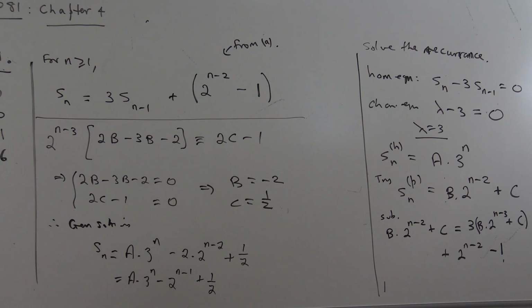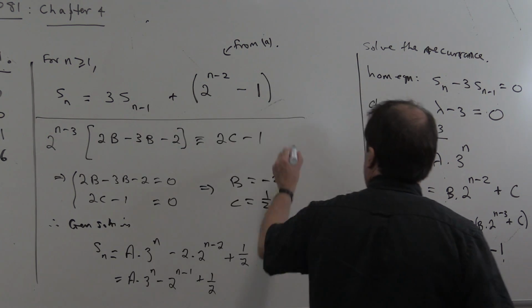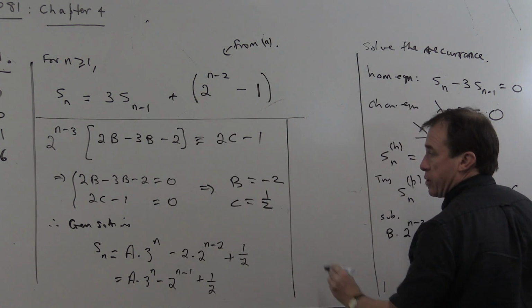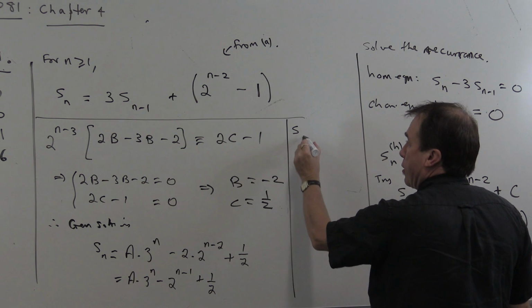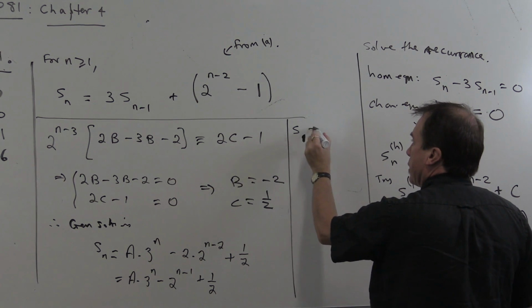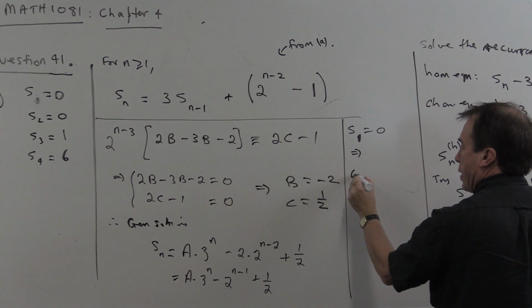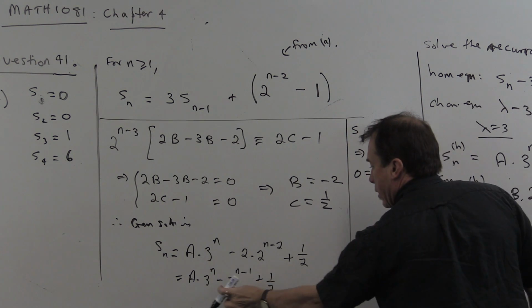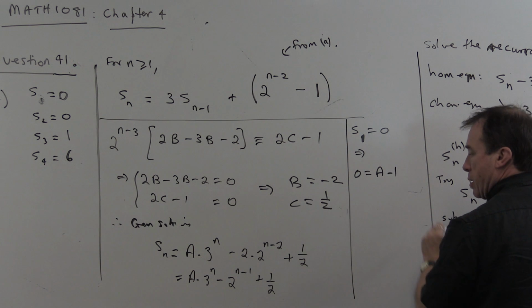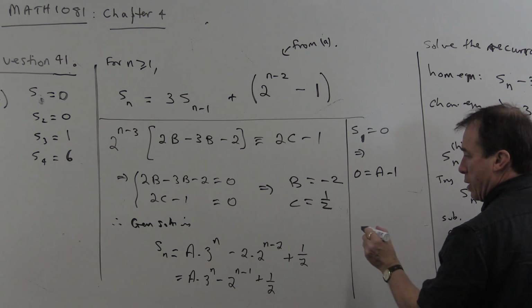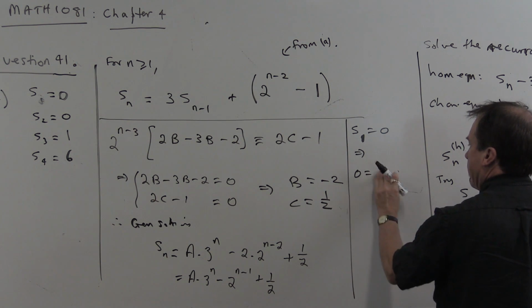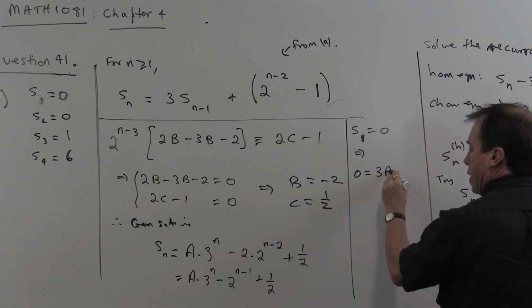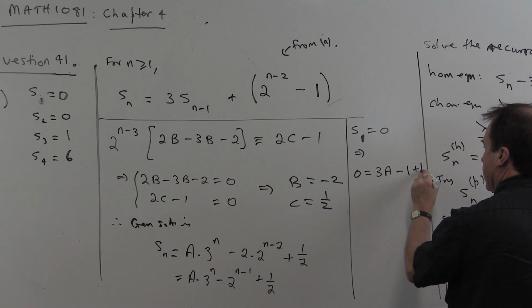Now we don't know what the value of A is at the moment, so I better work that out. We do know that S of 1 is 0. So that tells me this is A. If you put in 1, you get minus 1. And I need 3 times A, 3 times A minus 1 plus a half.